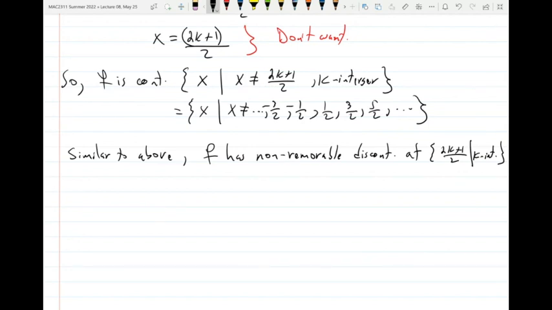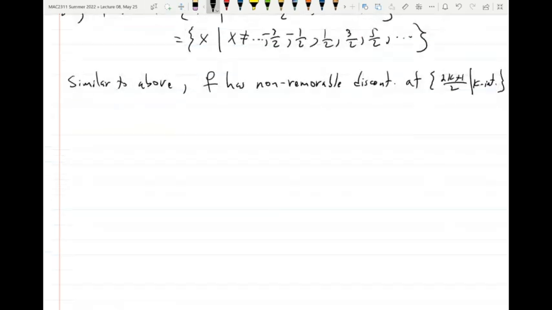So the discontinuity there is non-removable.